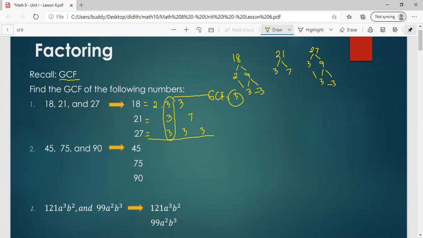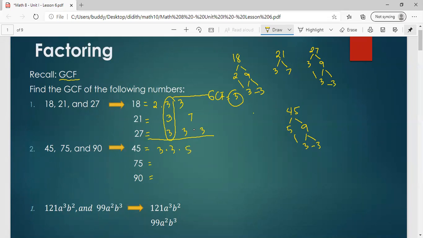For the second example, the factors of 45 are 5 and 9. When 9 is divided by 3, we have 3. So we have 3 times 3 times 5.